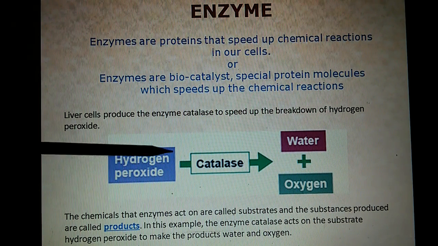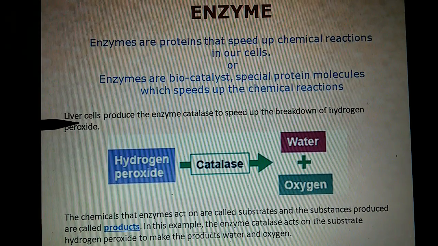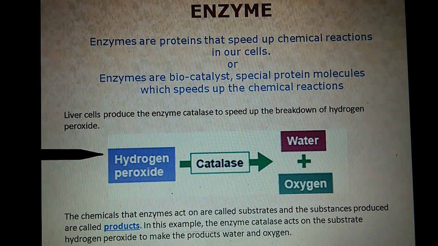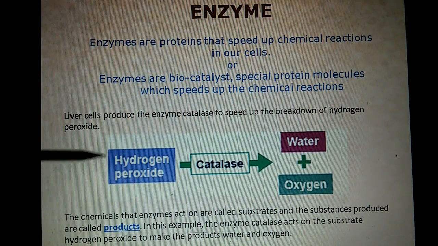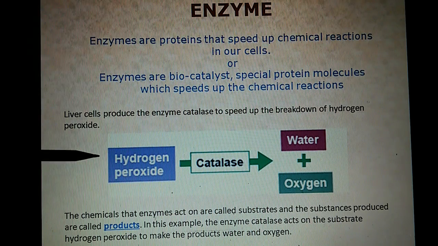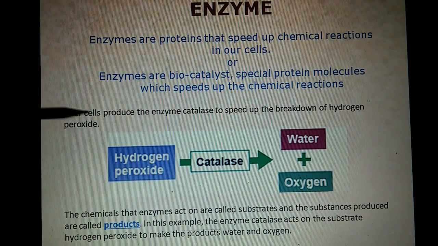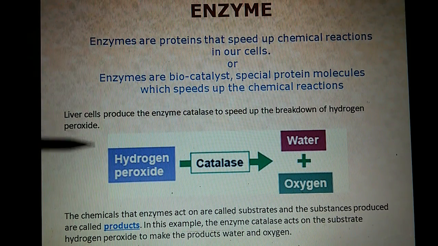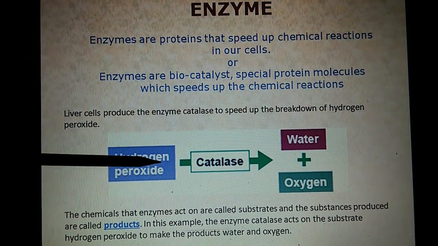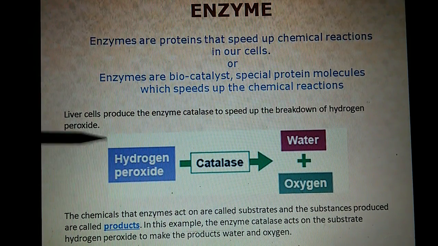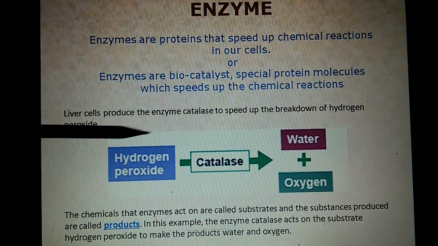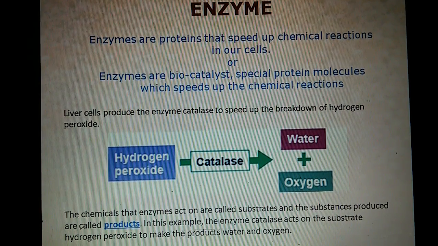If this catalase is absent or is not produced by the liver, hydrogen peroxide, which is a poisonous chemical, will destroy or disturb the cells of the liver. So the timely breaking of hydrogen peroxide is very important, and this depends upon the presence of the enzyme catalase. Catalase quickly breaks down this compound and converts it into H2O and oxygen.